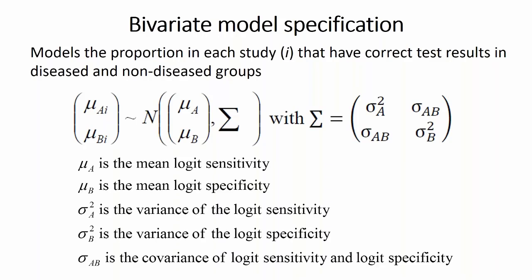Now this model has 5 parameters. This is the basic model without a covariate for test type, so we're not talking meta-regression here. We've got the mean logit sensitivity and mean logit specificity, their variances, and then a covariance between logit sensitivity and logit specificity.